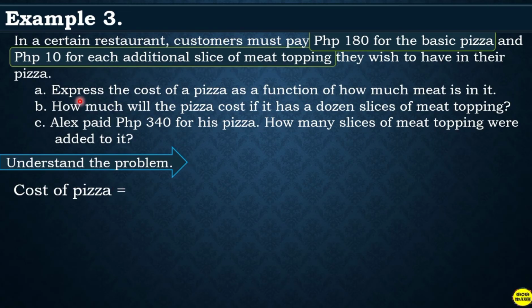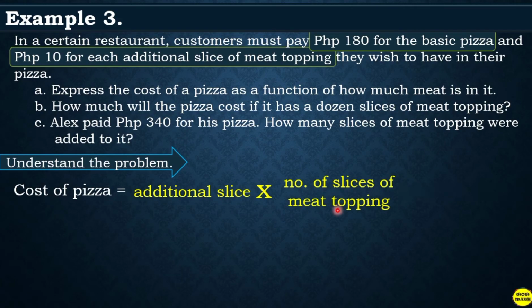What this question means is, what is your linear equation? The cost of pizza is what you will pay. How much will you pay? The additional slice, we multiply by the number of slices of meat, plus the amount of the basic pizza. Okay, let's take it one at a time.